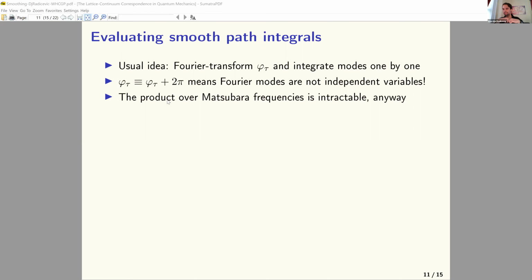We can't just do integrals one by one. And anyway, even if we could, the product over Matsubara frequencies would be intractable. It would have these complex phases which oscillate really fast at high frequencies. So it will be a nightmare.